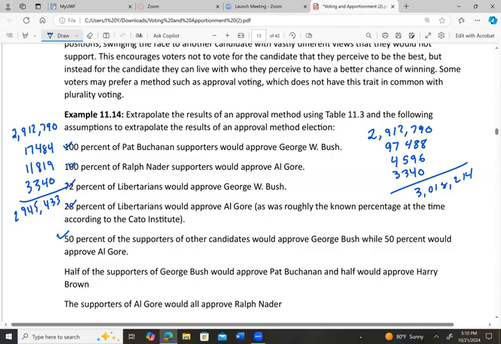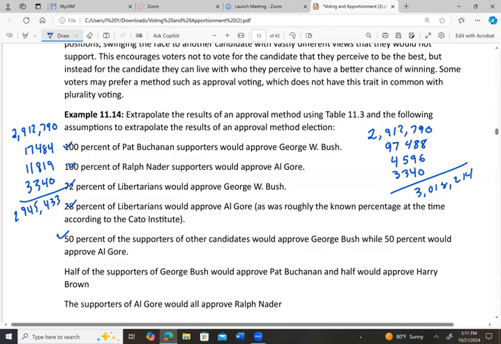So all the Bush voters would approve of half of the supporters of George Bush would approve of Buchanan, and half would approve of Harry Brown. So half of Bush, which was 2,912,790 divided by 2. Add that to Buchanan, 17,484.